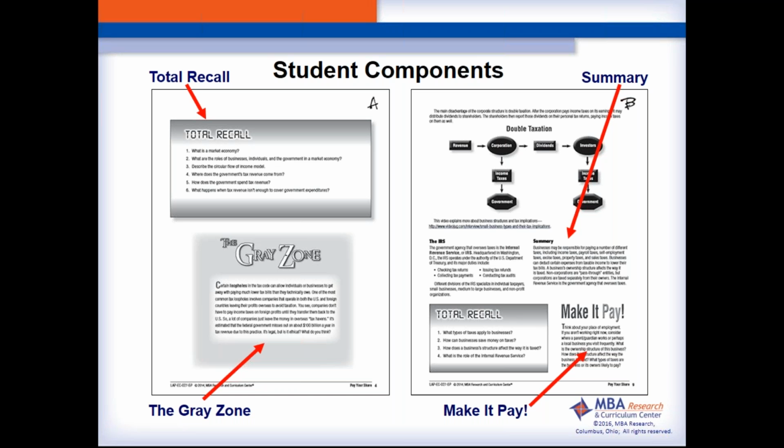The Gray Zone, there's a Gray Zone in every LAP. It is a critical thinking, ethical decision making mini case study. I love these for lots of different reasons. They're great CTSO preparation in terms of starting to get students ready to meet with a judge and having to problem solve.